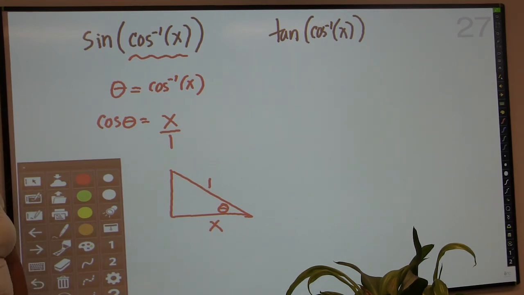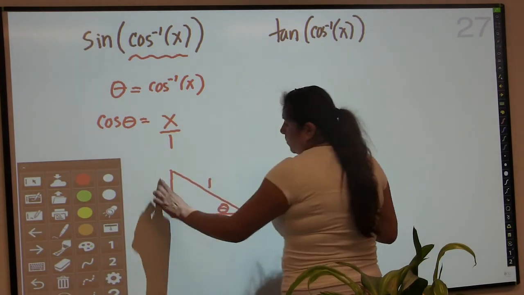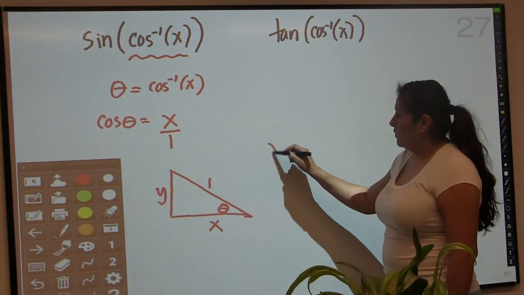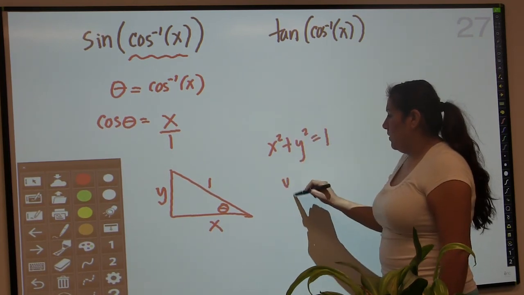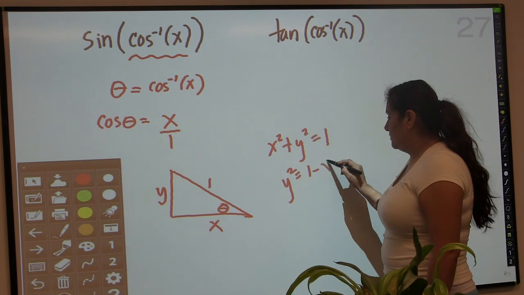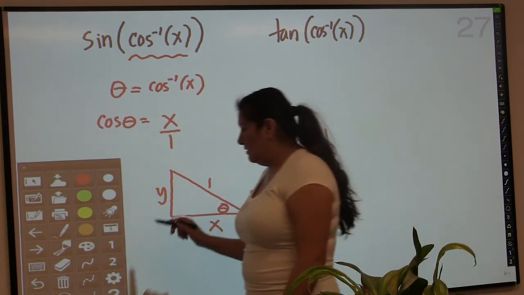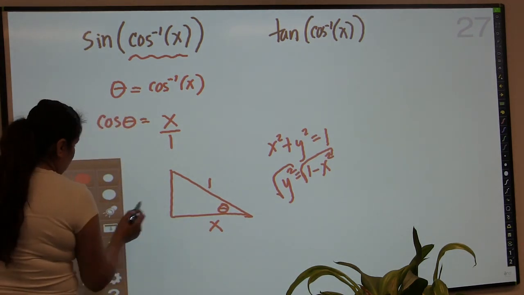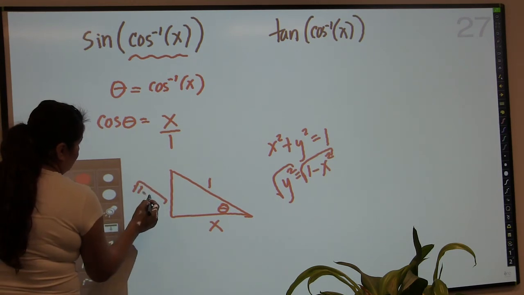Yes? And we could use Pythagorean theorem to figure out that if we want to call this y, then we could say that x squared plus y squared equals 1. So then y squared would equal 1 minus x squared. And then we'd square root that. And it turns out that this side that we just called y is actually the square root of 1 minus x squared.